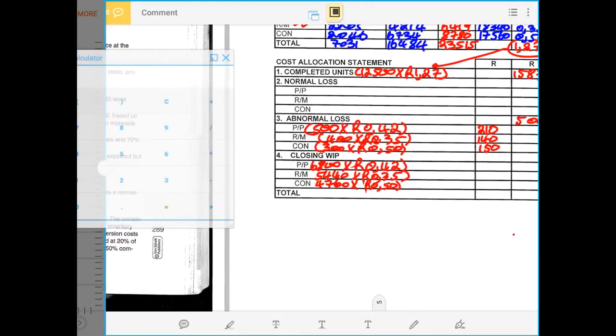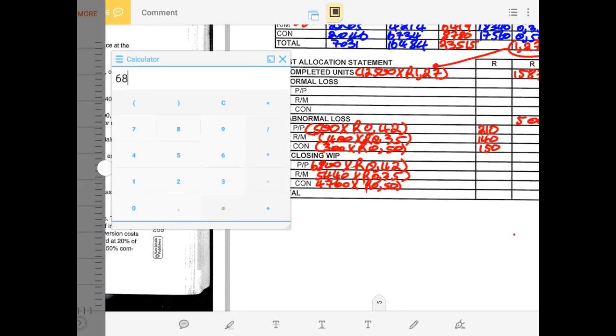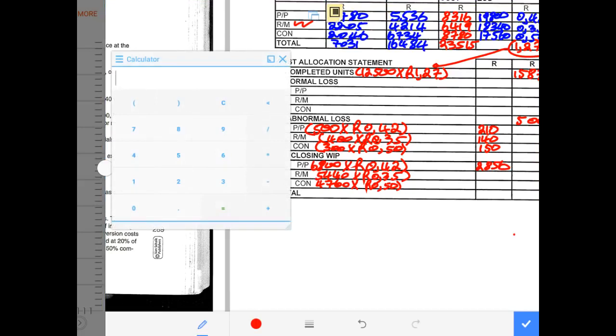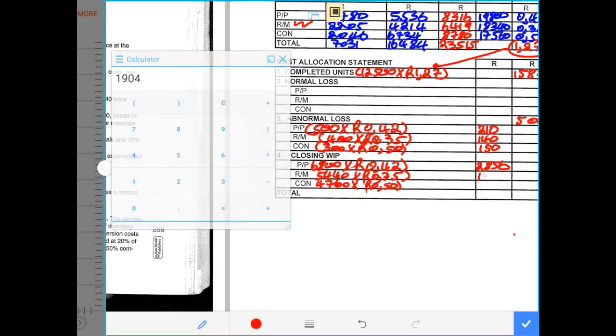Then we can multiply everything to see how much we have. Meaning we say closing 6,800 previous process times 0.42. It gives us 2,856. Then we say 5,440 times 0.35, it gives us 1,904.